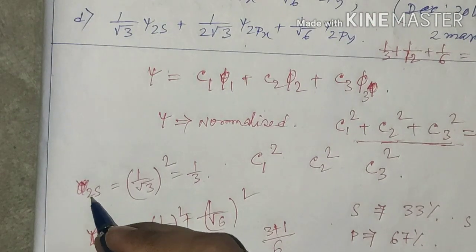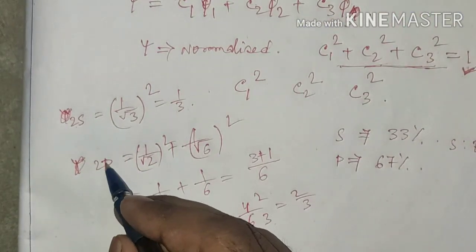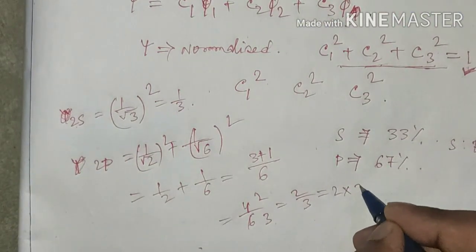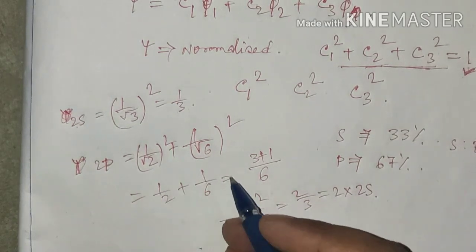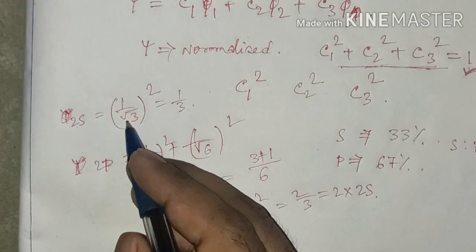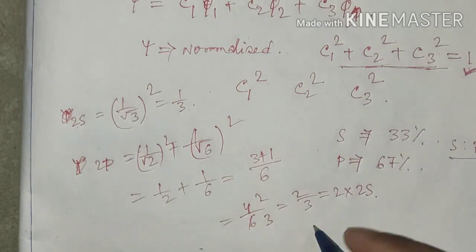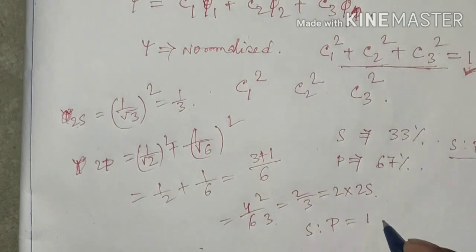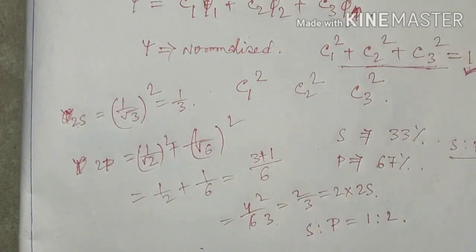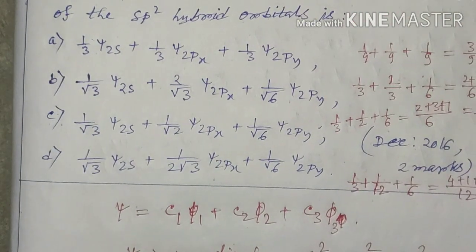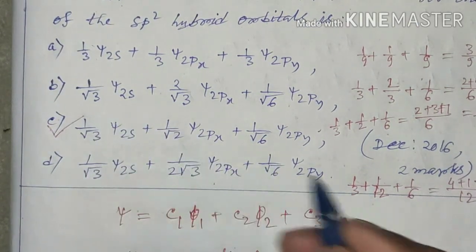Since the contribution of the 2s atomic orbital is 1 by 3 and the P character is 2 by 3, that means P is double the S character, which satisfies the condition for an sp2 hybrid orbital, since for sp2 the S to P ratio is 1:2. So the normalized sp2 hybrid orbital is this.